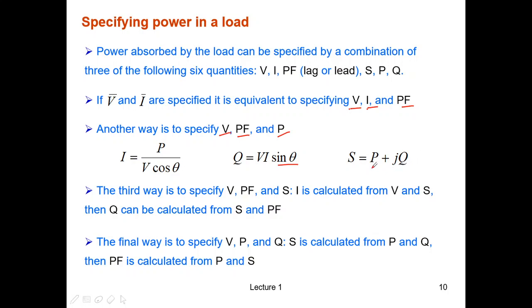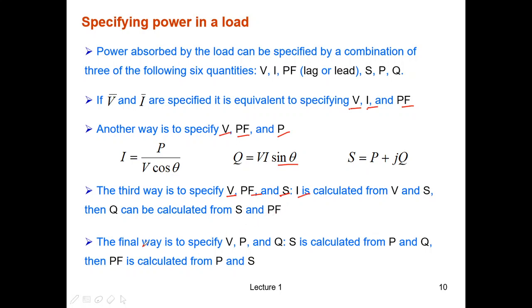The third way to specify a load is to give the voltage, the power factor, and the apparent power. How do we calculate the remaining 3? The first step is to calculate the current. Apparent power divided by voltage will give us current, and then we can calculate Q from S and the power factor.